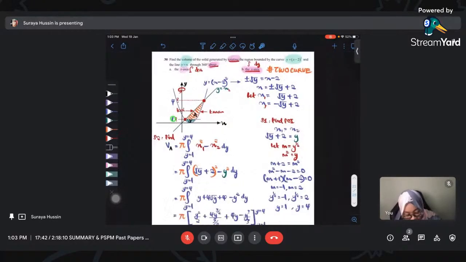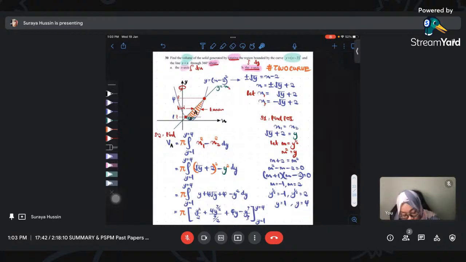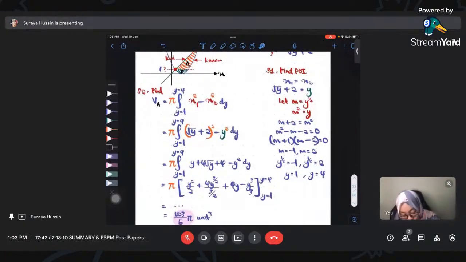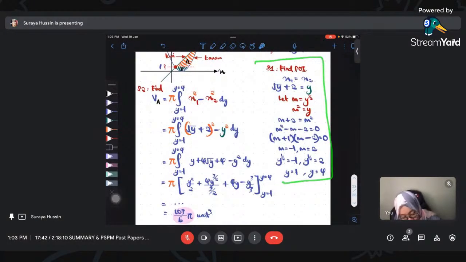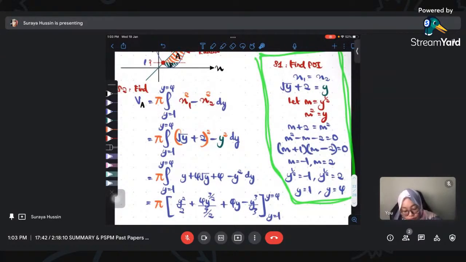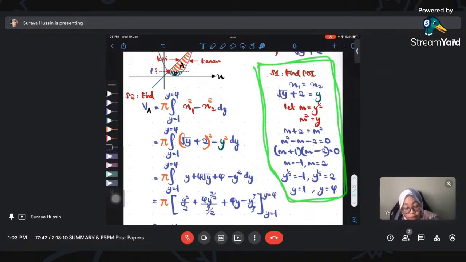Oh, okay. Saya skip ya. Minta maaf ya. So this is the POI. Sorry guys, saya skip the POI. So actually this is the POI. Saya 1 and 4 untuk value of Y. Untuk value of Y. Okay.